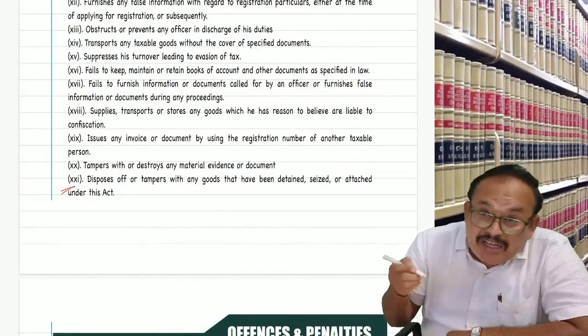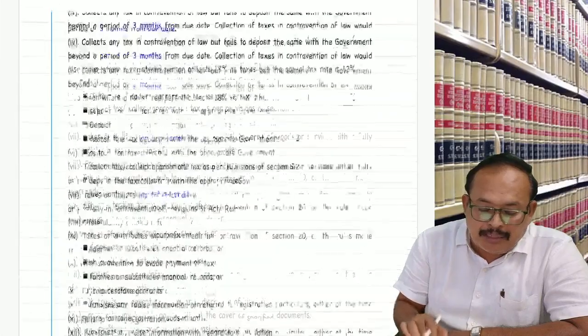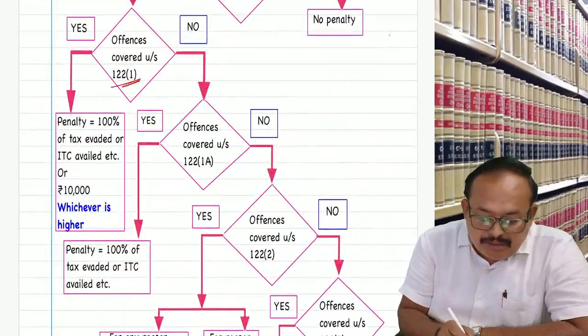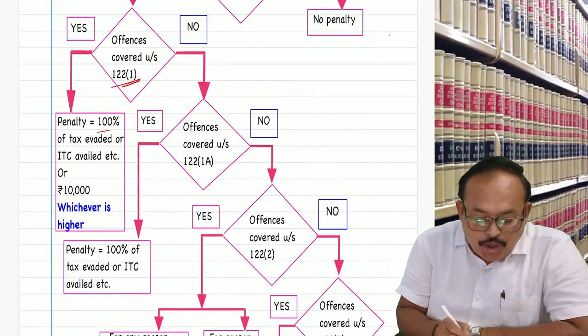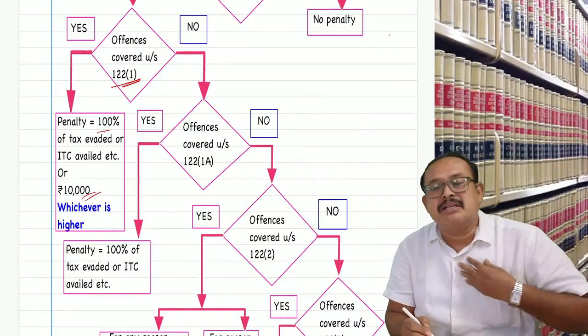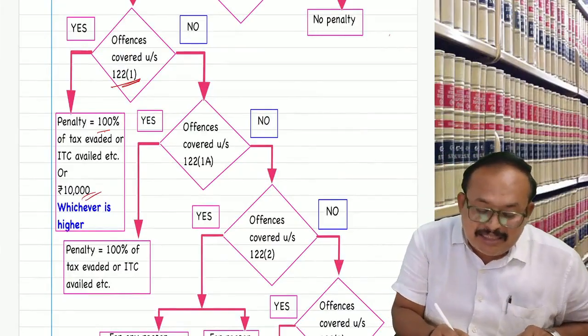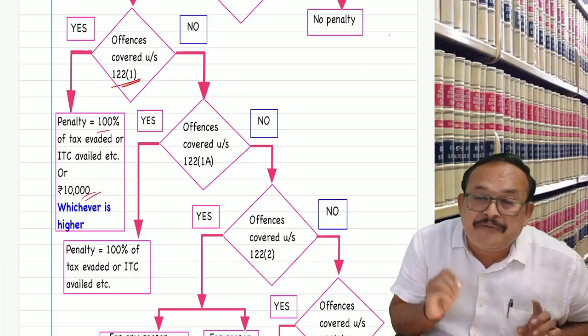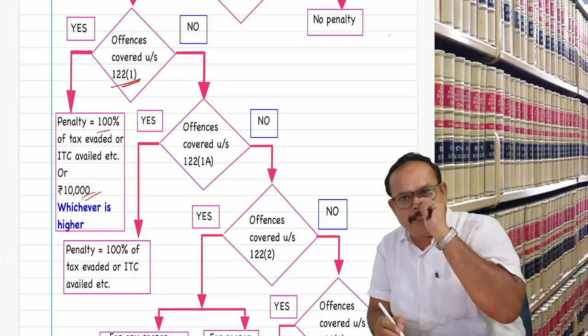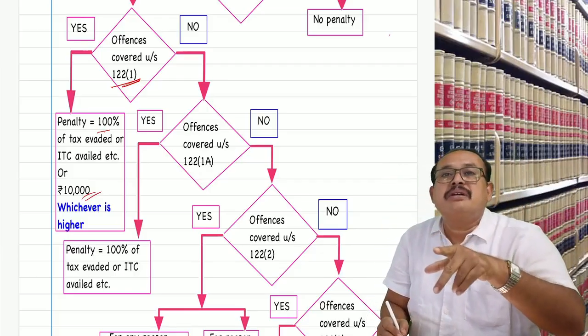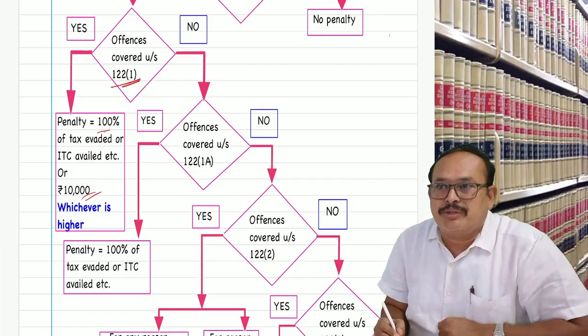For which, what is the penalty? The penalty here is 100% of the tax evaded or rupees 10,000, whichever is higher. This is as per section 122(1) of CGST, and an equal amount of SGST. Therefore, you have to refer to 20,000 as the effective amount.